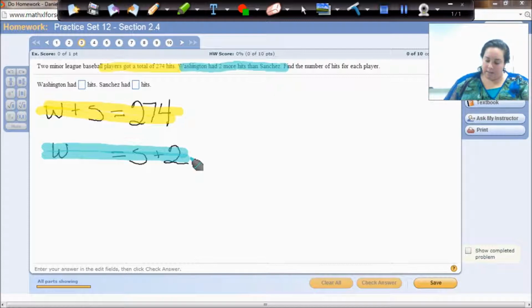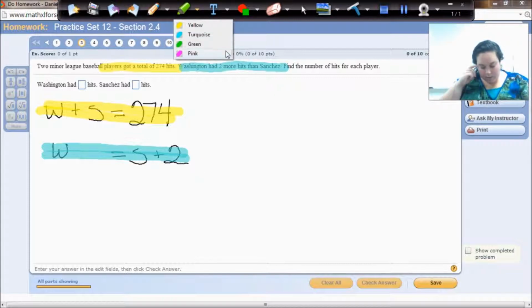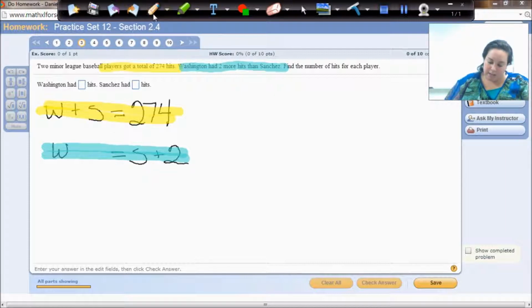All right, now let's use these equations. We're going to use this first equation as our main equation, but instead we're going to substitute in place of W, we're going to put that W equals S plus 2.